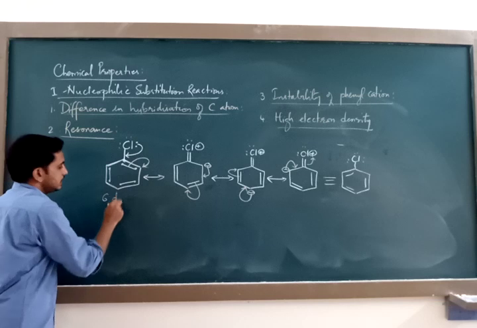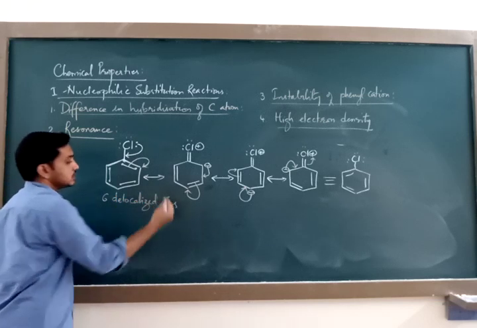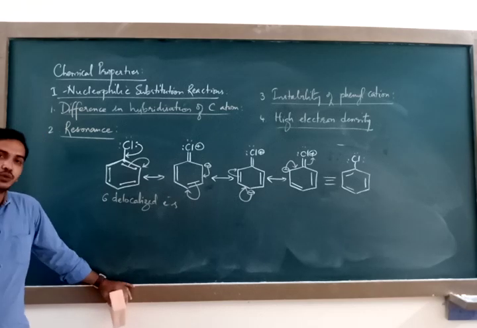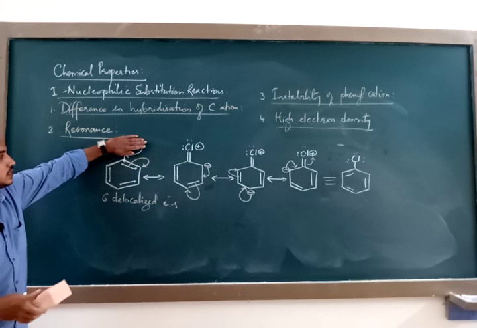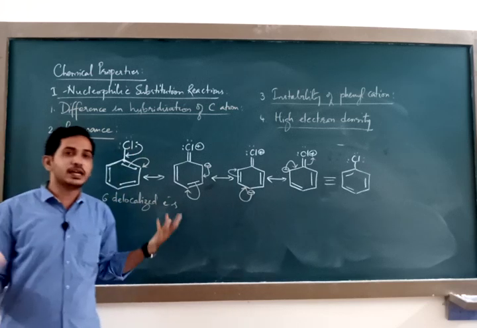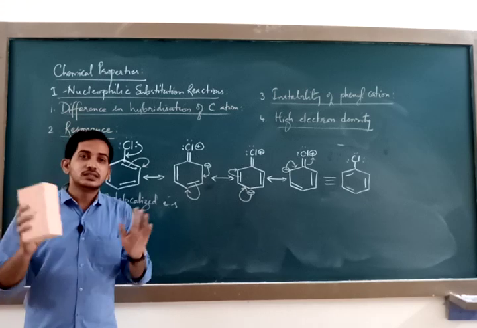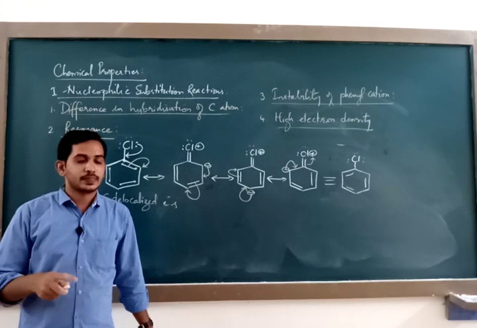There are 6 delocalized electrons belonging to benzene. So even if Cl is not attached to benzene, benzene already has surplus electrons. It has 6 electrons which keep on rotating on all the carbon atoms.